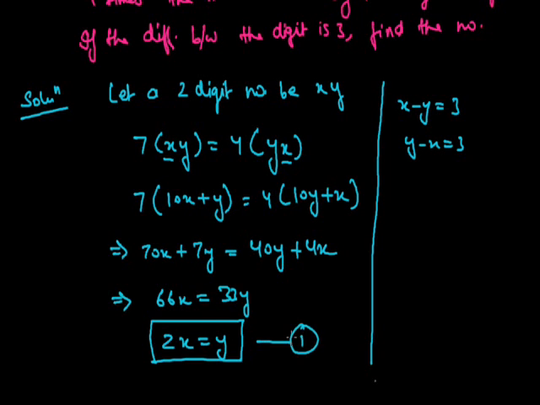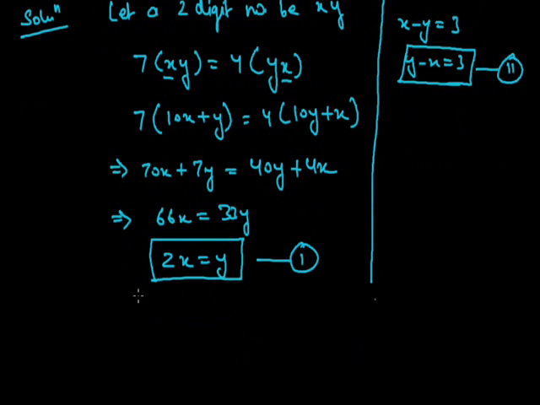From the first equation you can easily see that y is equal to 2 times x. It means y is the greater number than x. So as y is the greater number, we need to take y minus x as 3, because y is the greater number. This will become our second equation. And now we'll use these two equations to get the values of x and y.